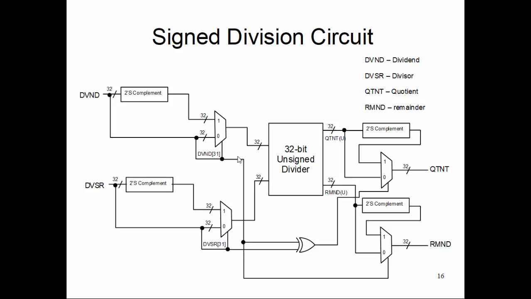So the selection of the remainder sign representation depends only on the sign, or MSB, of the dividend. We just use that MSB of the dividend as the selection logic of this 2 by 1 32-bit multiplexer for the remainder, to be picked up as either its complement form, which is a negative representation, or its positive representation. So this is how we do signed division, at least at this digital level.